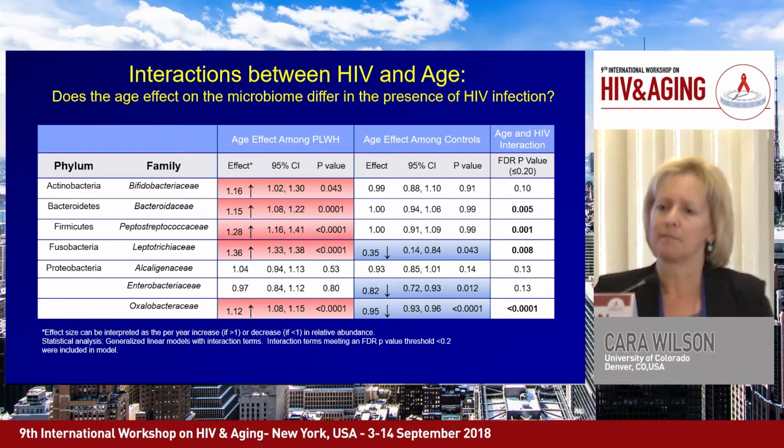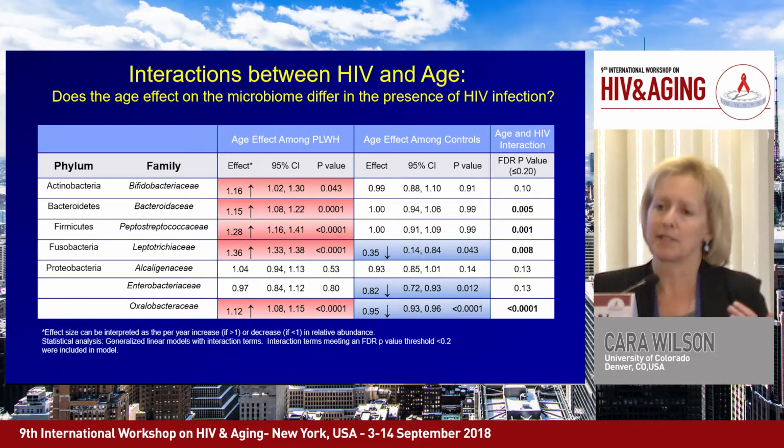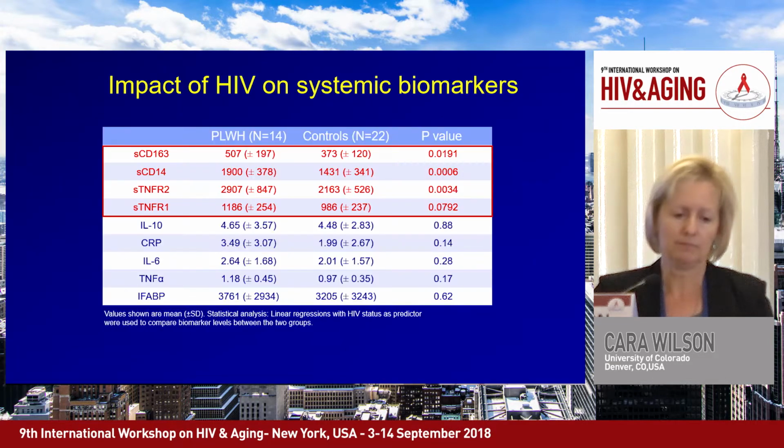But the bottom line is that the geriome, or the age-related microbiome, is different in older persons with HIV infection. So we can't always assume that what we see in older individuals, or therapeutics for older individuals, will necessarily be effective or will be the same in people living with HIV infection.